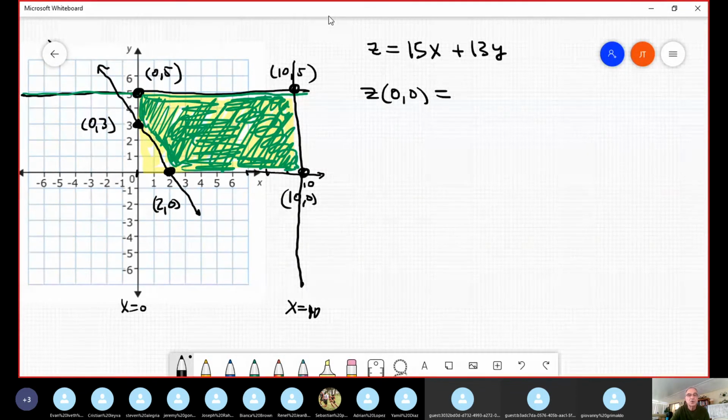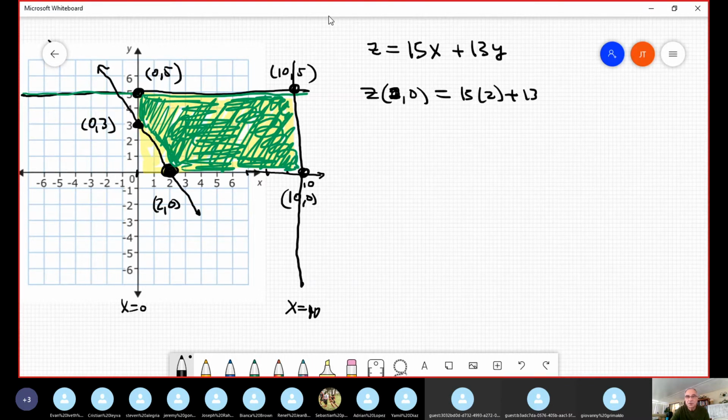Evaluate at the point (2,0). I propose you travel clockwise. 15 times 2 plus 13 times 0 is obviously 30.